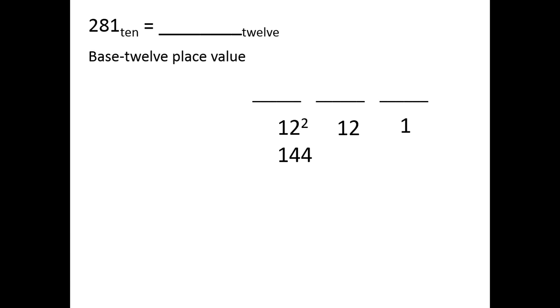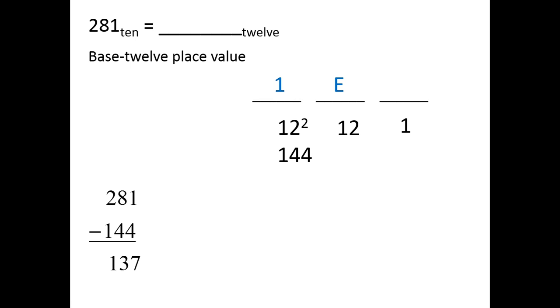But 281 does have some groups of 144 in it. It's got one group of 144. So if I group 144 together, that would leave me with 137 left to try to group in groups of 12. So how many 12s are in 137? Well, there's 11 12s.